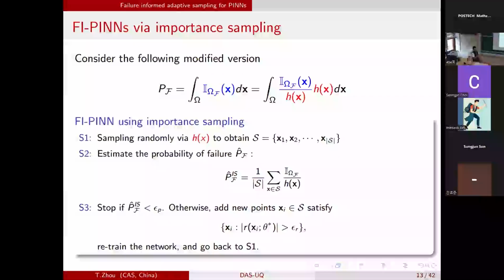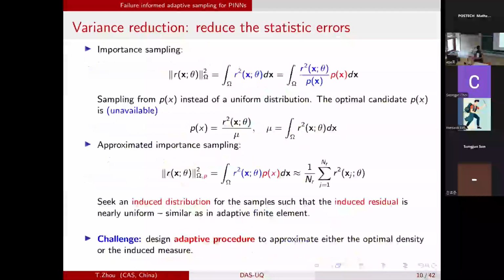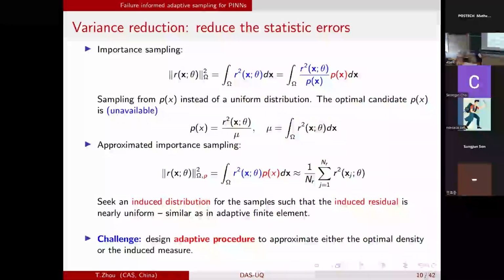In each step, you have a residue. This residue is an approximated one. It's not exactly the residue, but based on this, you have an optimum density related to the current residue, right? This is similar to the very beginning. Suppose this is known, then you have an optimal way to sample the domain.